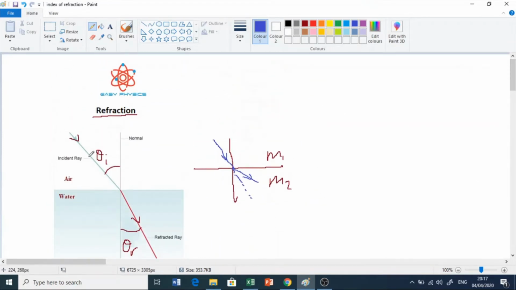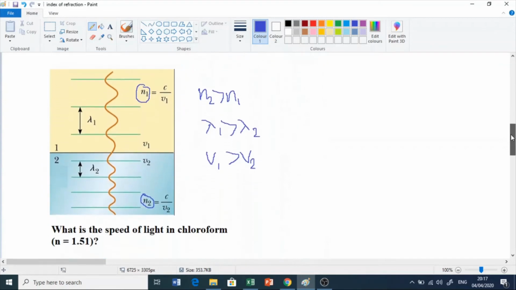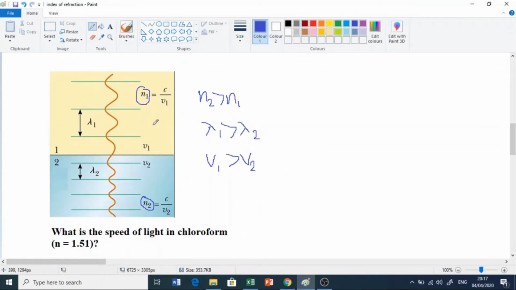When the incident light is coming to the boundary between the two surfaces, it is refracting. And also, what else can change? The direction can change, and the wavelength is changing, the speed is changing. What about the frequencies? The frequency of the light in the first medium and the frequency of light in the second medium.